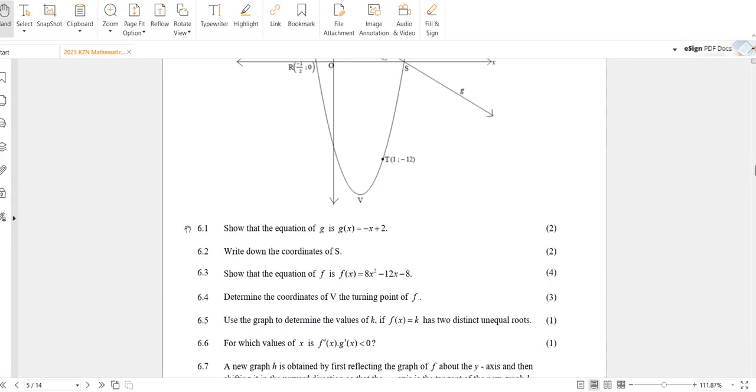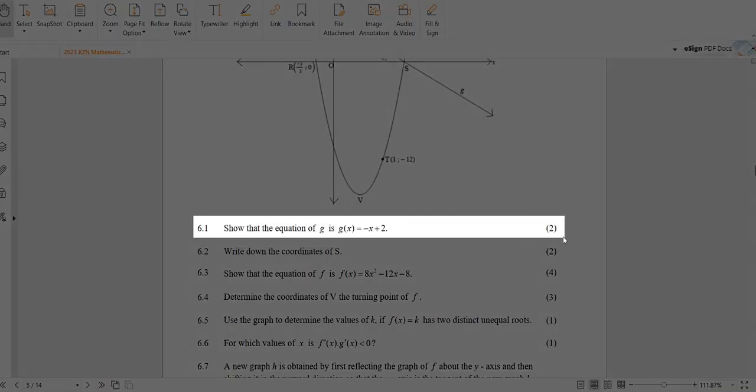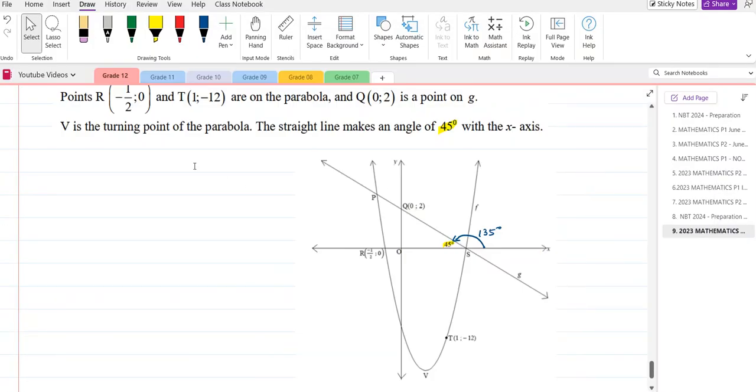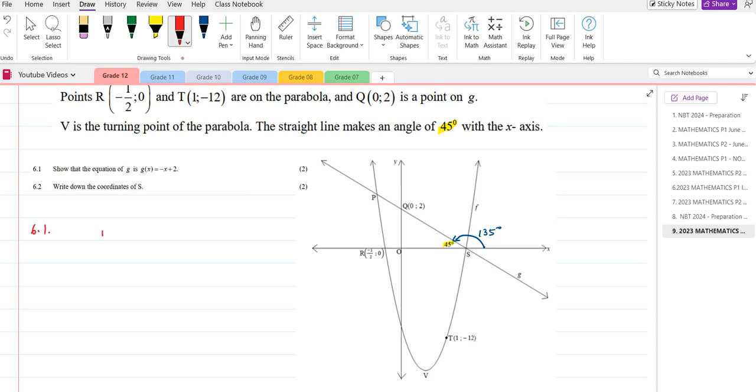Let's look at the first question: show that the equation of g is minus x plus 2, and write down the coordinates of S. We're going to do both problems in one. How are we going to show that the equation of g is minus x plus 2? Very simple. As I explained, the gradient m is equal to tan theta.